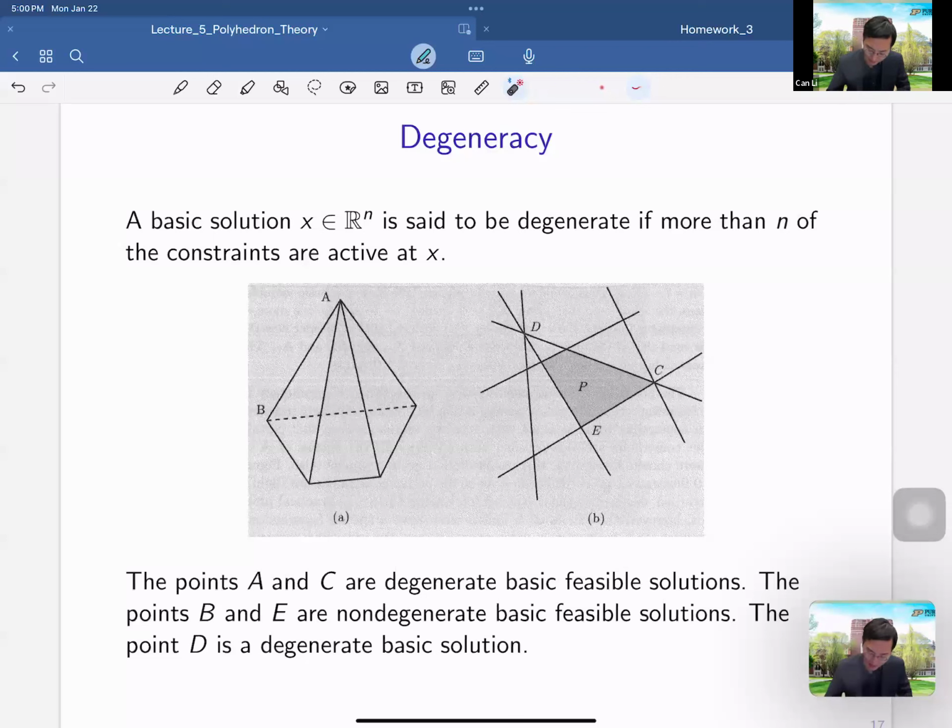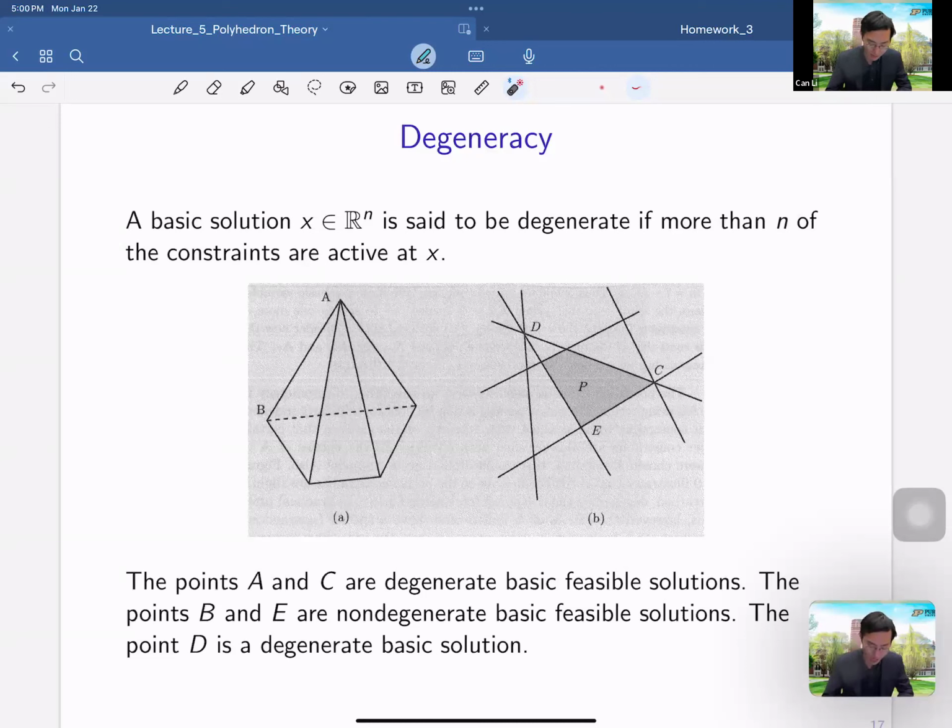If 2 constraints already uniquely define this point, and it happens that 1 more constraint is also active, then as you can see, this particular constraint is actually redundant for this polyhedron. We just add this constraint to make a degenerate solution.